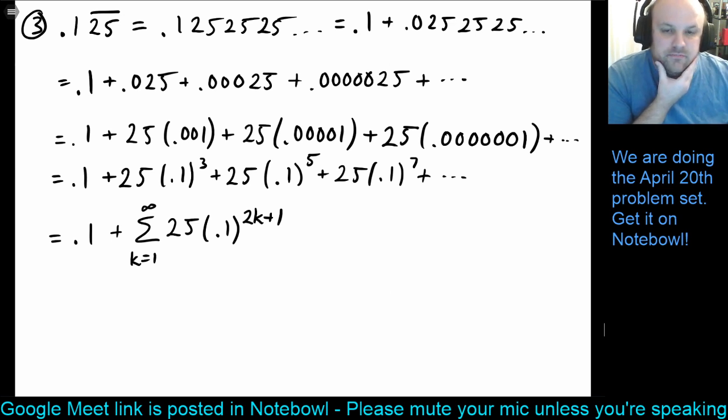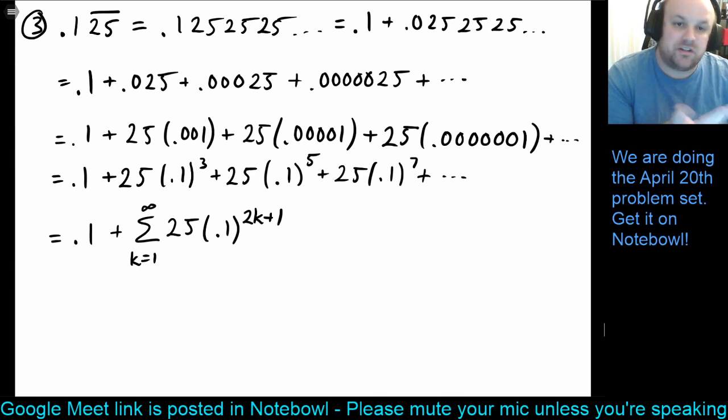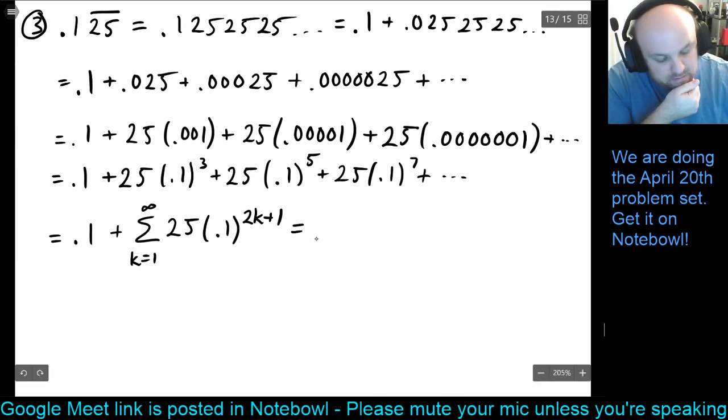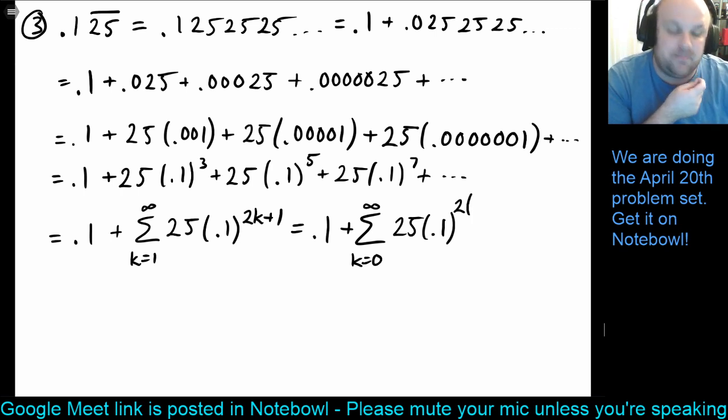And now, we want to fix this to start at 0. So we're going to do our reindexing trick again. 0.1 plus the sum from 0 to infinity of 25 times 0.1 to the... Now here's the tricky bit. Remember, we're replacing k with k plus 1.